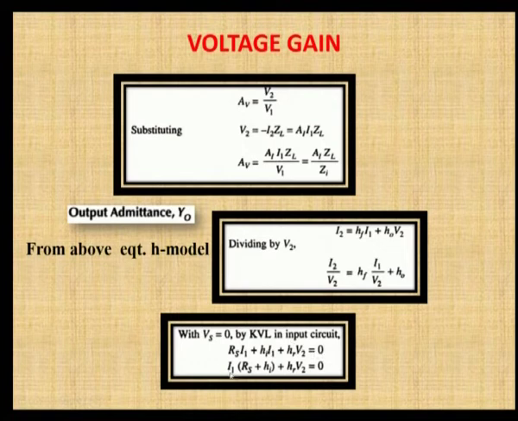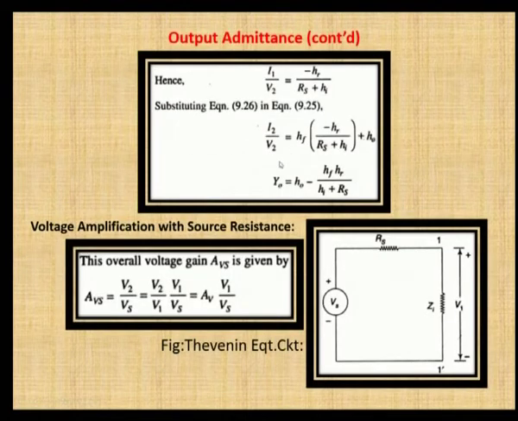And from this I1 is taken out, and here I1 by V2 can be calculated, and you can substitute in this equation I2 by V2. So, after substituting, you are getting the output admittance as H0 minus HF HR by Hi plus Rs, and these are all the equations for the voltage amplification with the voltage source resistance.